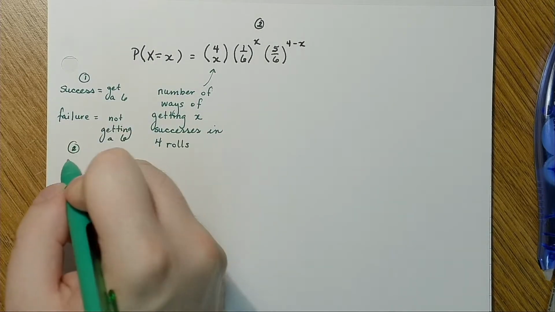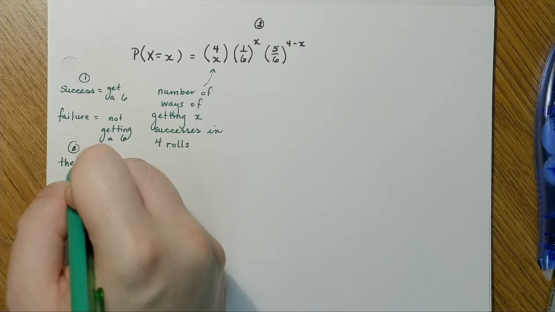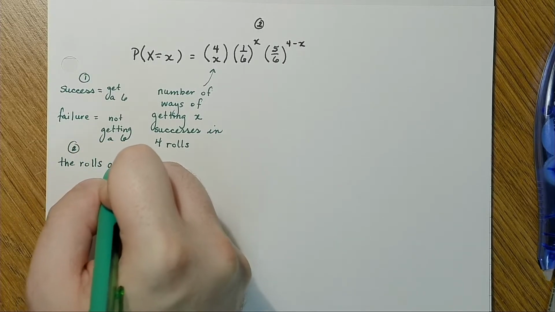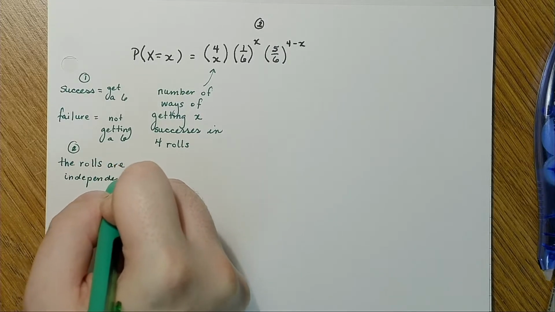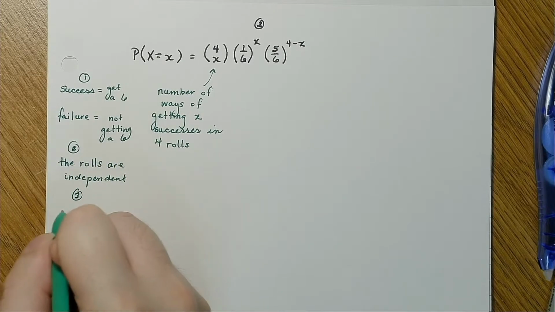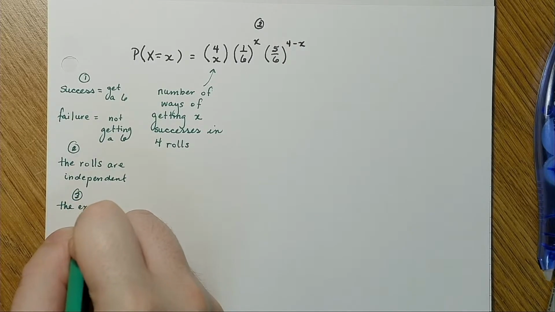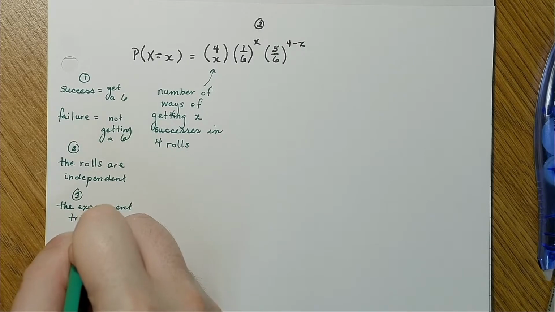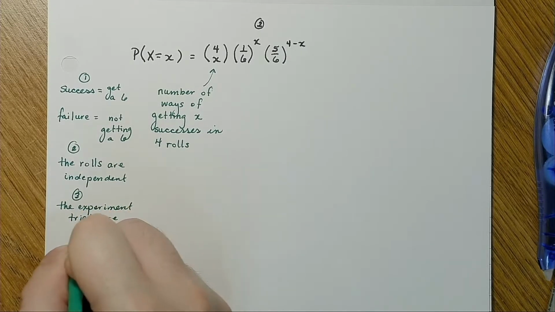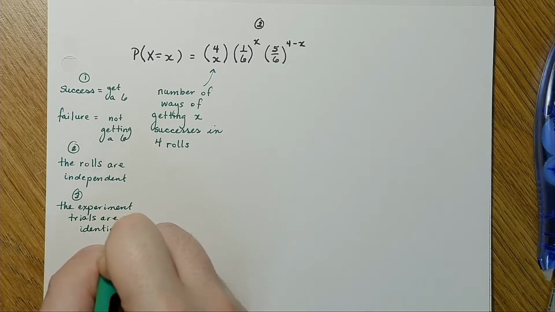The second part was that the rolls are independent, and the experiment trials are the same. So again, like I said, they're not changing.